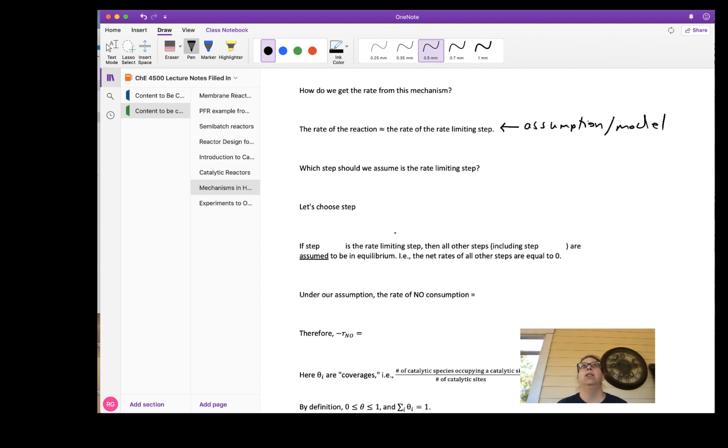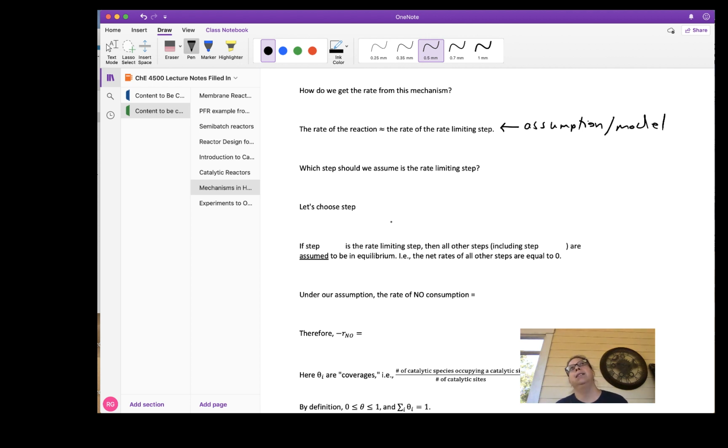So when we look at catalytic reactions, we are often assuming or using the model that the rate of the reaction is equal to the rate of the bottleneck step, and that all of the other reactions go pretty quickly. So the assumption there is that the catalyst, because you have a catalytic material, which is lowering the activation barriers and providing a lower energy route from reactants to products, is doing that effectively for all of the steps except for one.